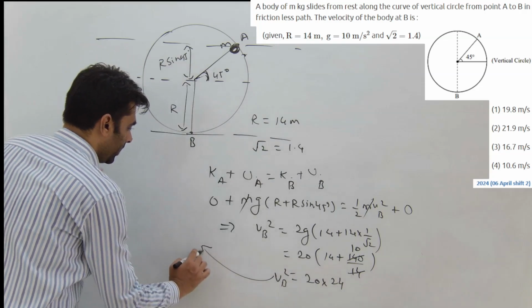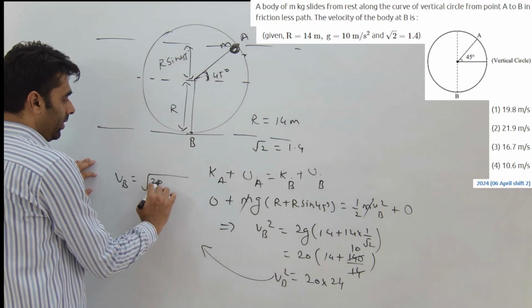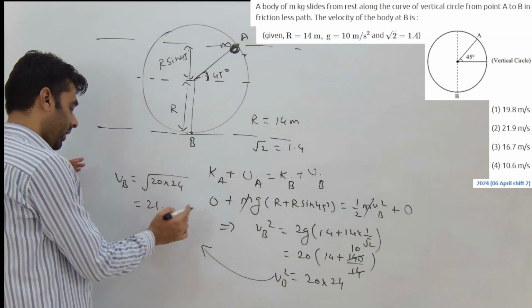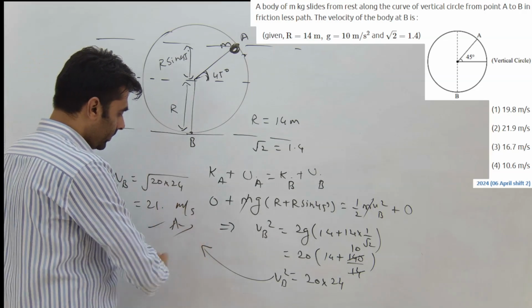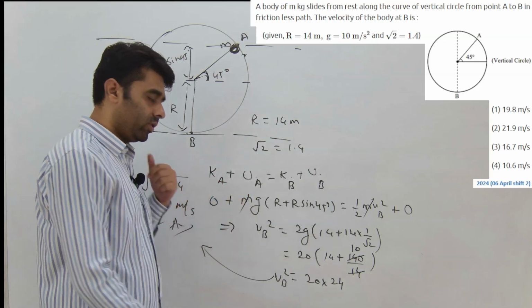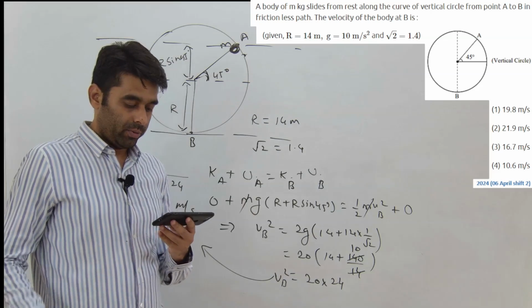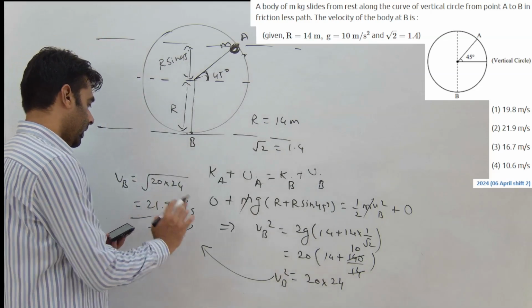When you take the root of 20 into 24, your answer will come out to be 21 point something meter per second. I hope you can do this last calculation. If we check the answer, it is 21.9, and 21.9 will be your answer for this one.